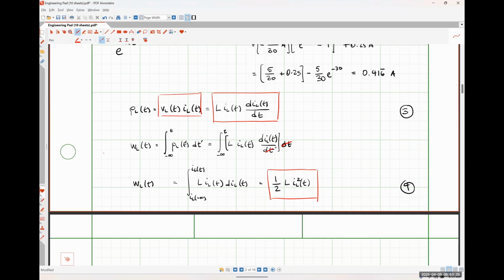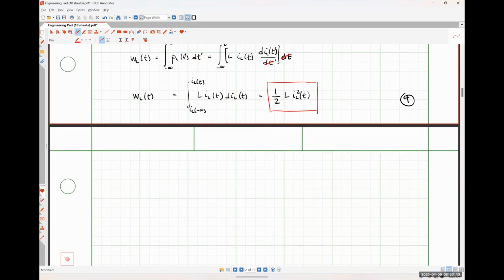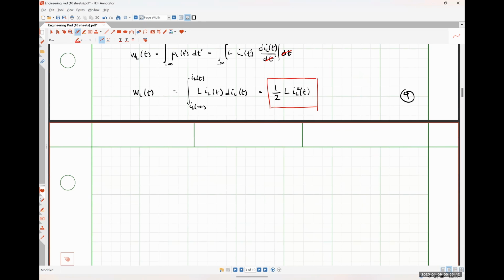The only other thing that I want to talk about today, and this will be very brief, is what happens if we have more than one inductor in a circuit. Can we combine them, simplify them, all that kind of good stuff? And the short answer is yes. Okay. So let's say that I had some number of inductors in series.